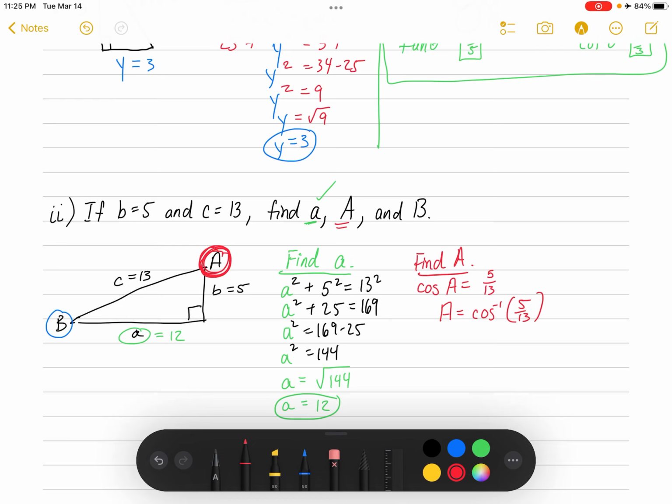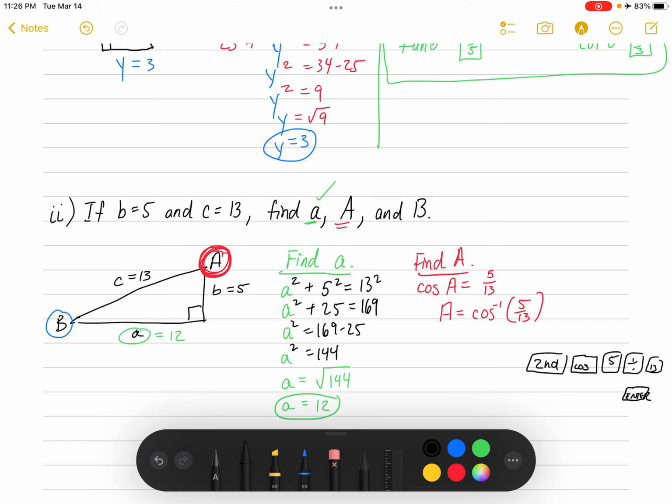So we're going to turn on our calculators and we're going to type the following. I'm going to clear my calculator. I'm going to press the second button, and then cosine. So second cosine is the cosine inverse. Then I'm going to press 5 divided by 13, and then I press enter.